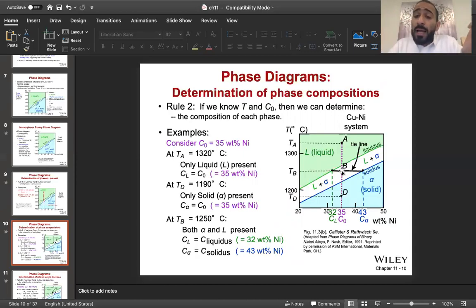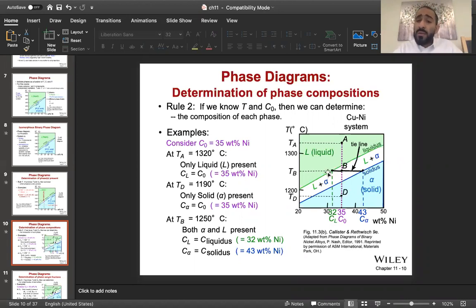And similarly for the solid phase, how much copper and how much nickel do you have? Because at this point, part of the nickel forms the liquid, and part of it forms the solid phase. In order to determine the composition of the liquid phase and the solid phase, you draw what's called a tie line. You draw it to hit the liquidus line over here and the solidus line.